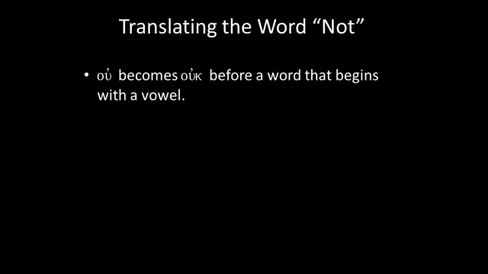If the next word begins with a vowel, then ou is going to change to ouk. Ouk with a kappa. This just helps it basically sound better. Ouk akouei would be he does not hear, or he is not hearing. Kappa, if the next word begins with a vowel. Akouei begins with an alpha, that's a vowel.